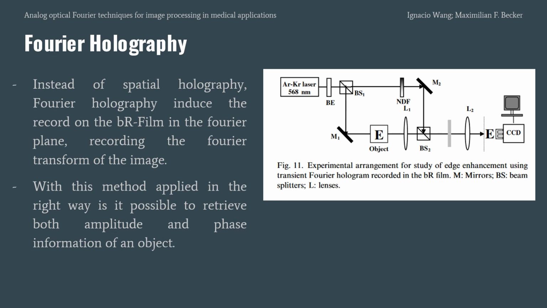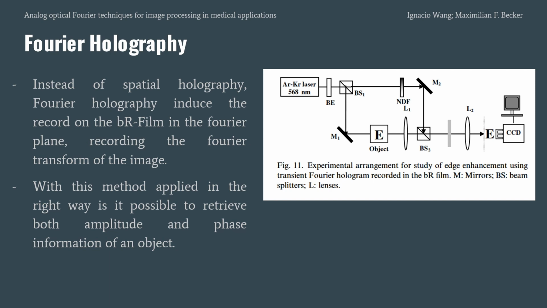So we have our laser that goes into a beam splitter, which splits it into the reference beam, which you can see at M2, for example, and the object beam, which goes to the object, and after that both hit the second beam splitter, and after that the film. So both together, as said earlier, record the Fourier transformation of the image onto the film, and then the object beam is blocked and only the reference beam is left.